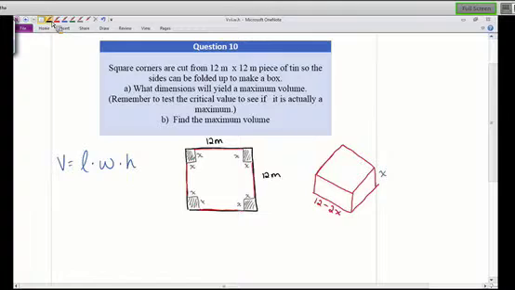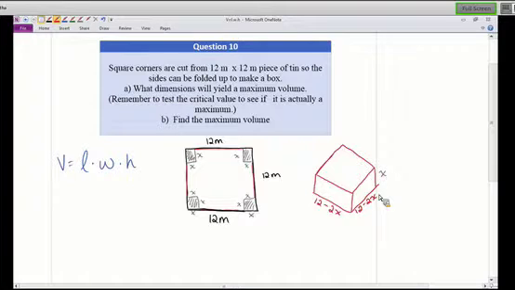Well, the full length of the tin is 12 meters. If we remove a length of x here and a length of x here, our side of the box is going to be 12 minus 2x. Same thing here, this is going to be 12 minus 2x. Any questions so far?